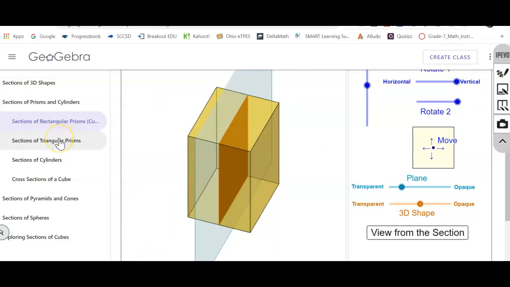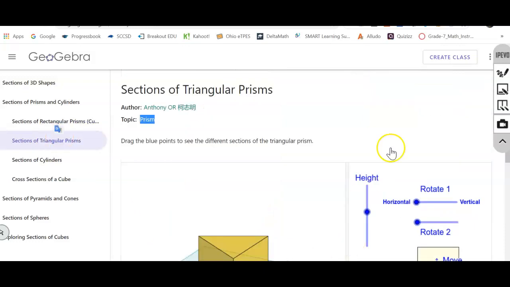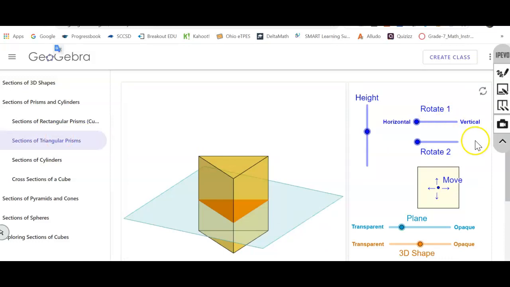All right. Let's look at triangular prisms. Now so over on the left, click on triangular prisms. Triangular prism is, remember I said a prism has rectangles around the sides? We call those faces. These are faces that close in to triangles.